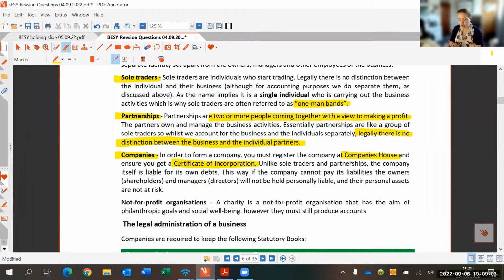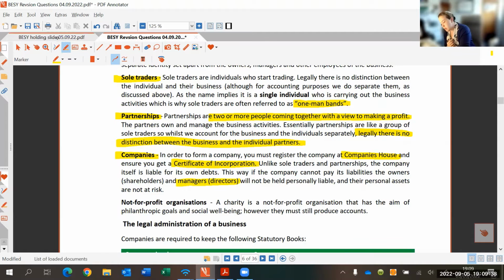So you are not personally liable for the debts. If the business goes under, you will only lose whatever you've put in, so probably some sort of shareholding, which might not be a great amount. And the people who run the business are our directors, and they may not necessarily be shareholders. They may be asked by the shareholders to do that direction work.